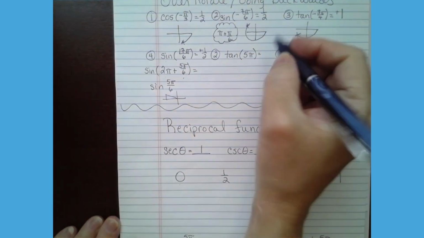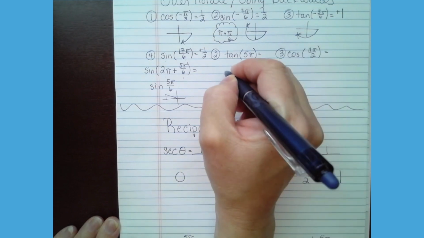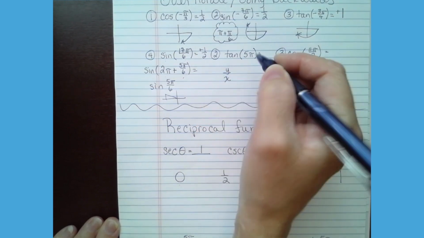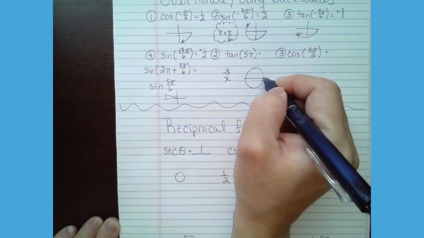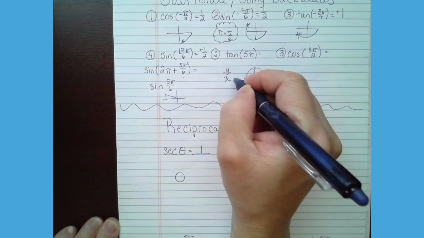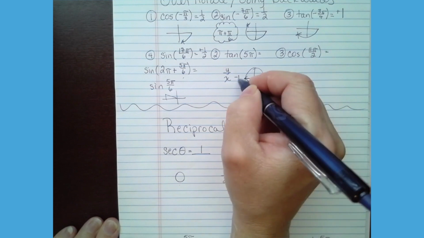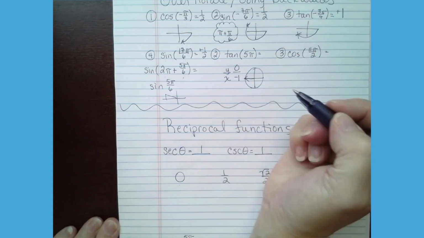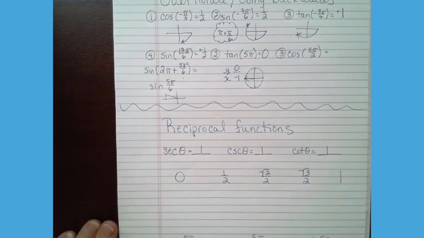Well, it's sine over cosine, or y over x, right? So to get to that place in the circle, you go over 1, left 1, and up nothing. So I believe that gives us 0. Right? That wasn't hard. It was just kind of weird, but we can do it.